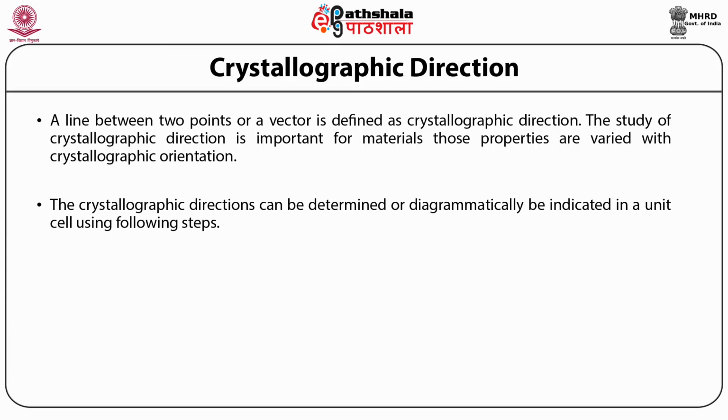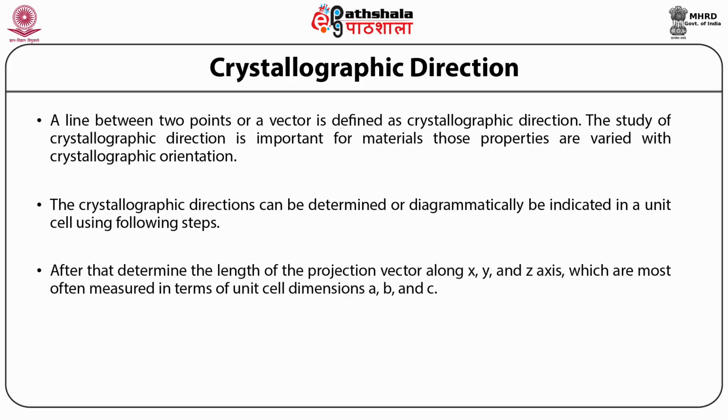First, draw a direction vector of convenient length from an origin of the coordinate system, or say a corner of the unit cell. After that, determine the length of the projection vector along x, y, and z axes, which are most often measured in terms of unit cell dimensions a, b, and c.